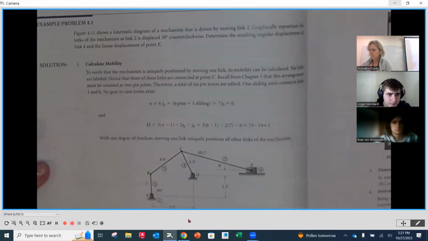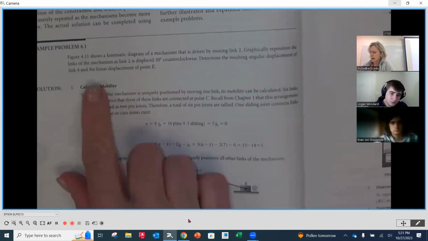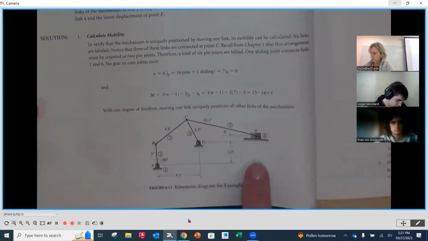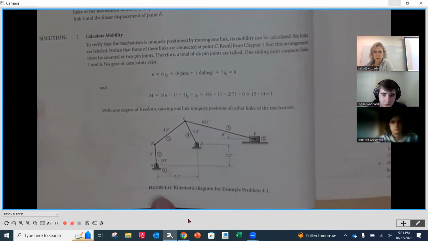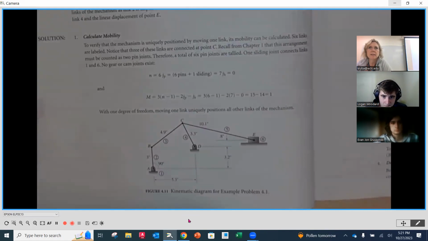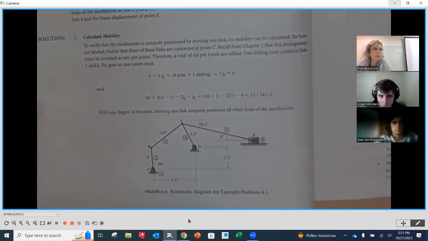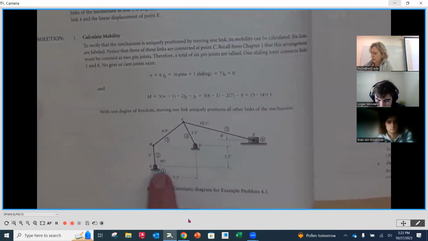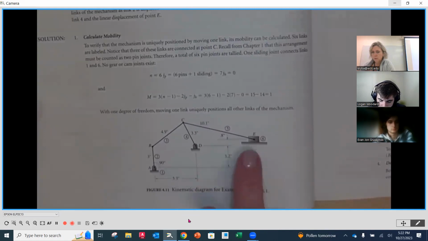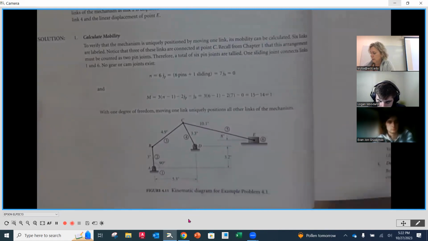So here you're going to notice we have a mechanism right down here. It's referring to figure 4.11. In this case, we have 6 links. Our slider is our 6th link here, and it has everything identified for us. We've got the frame, actually 2 connections to the frame, and then the slider is relative to the frame.